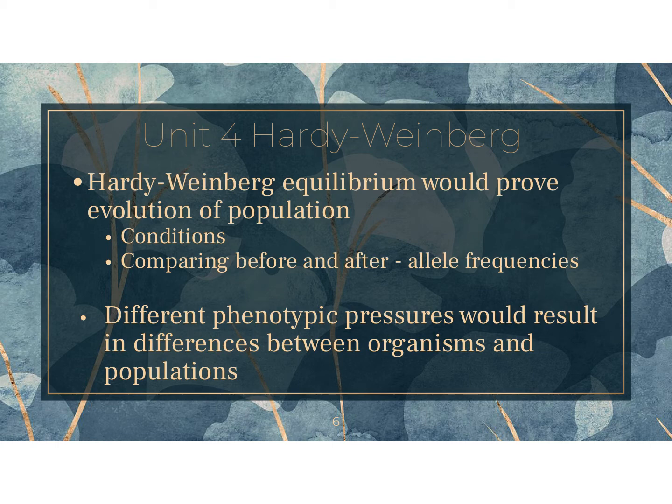So the phenotype is the physical characteristics, and because there's variation in organisms, so for example, blue eyes, green eyes, brown eyes, hazel eyes, those different phenotypes are going to have pressures on them that are going to result in differences between those organisms and the populations. And more importantly, it's going to result in differences between the reproductive success of organisms in those populations.